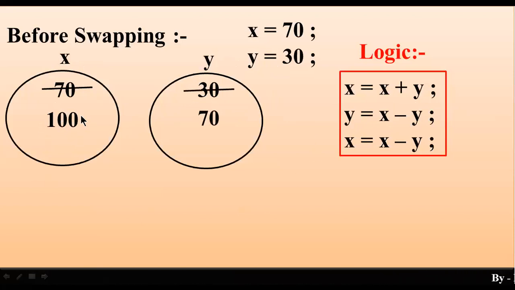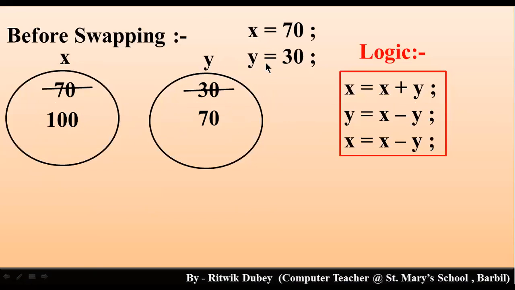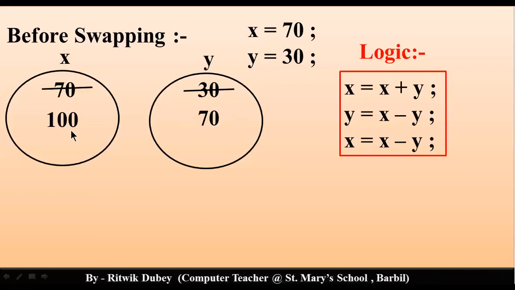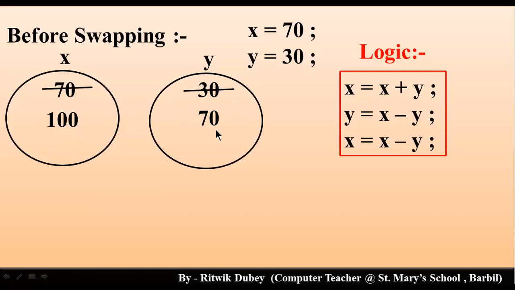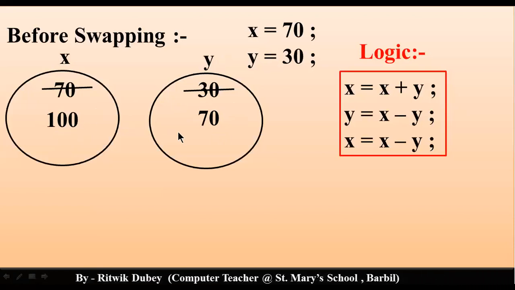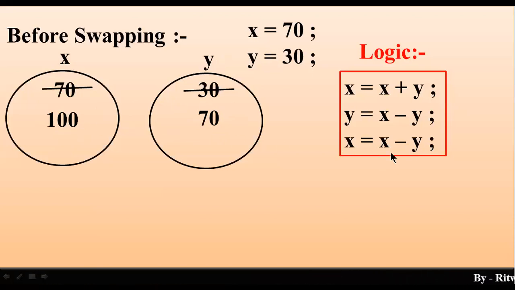Now you have two values, 100 and 70. In the output, the value of Y is 70. It's okay. But what about X? I have to bring here 30. How to bring 30? 100 minus 70 will become 30. Where is 100? X. Where is 70? Y. So X minus Y. Where to assign?